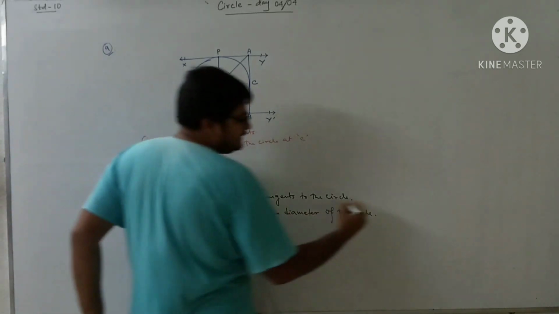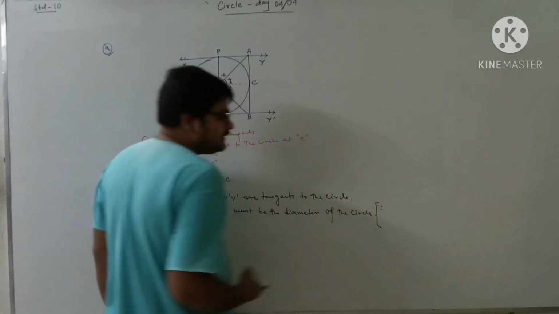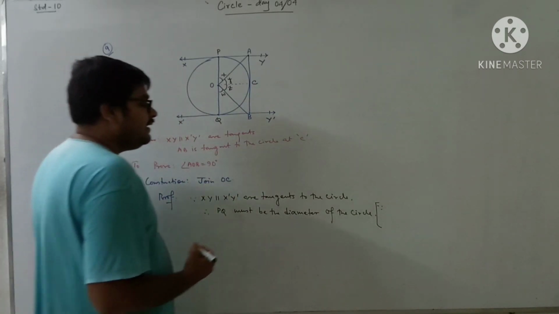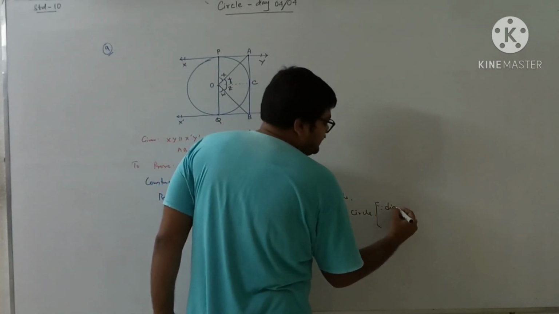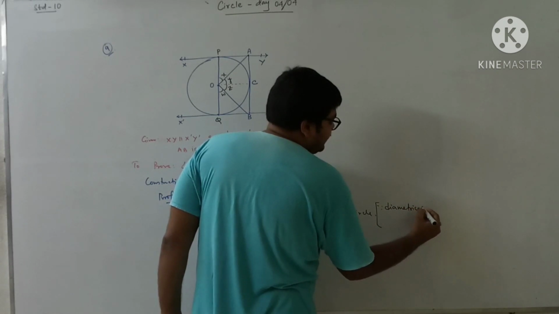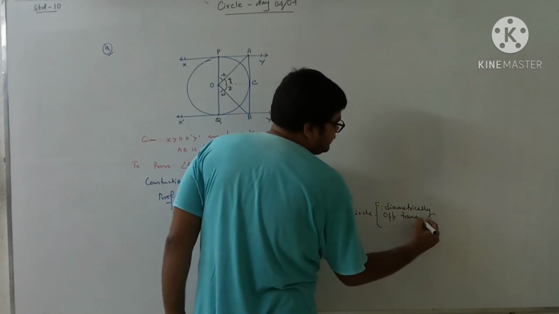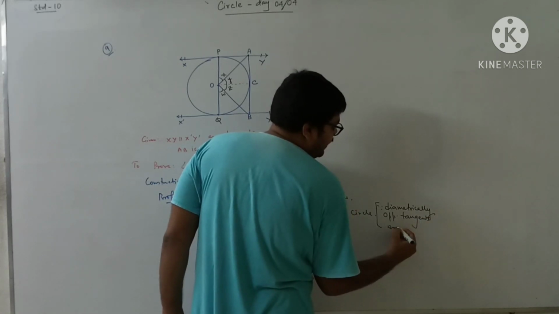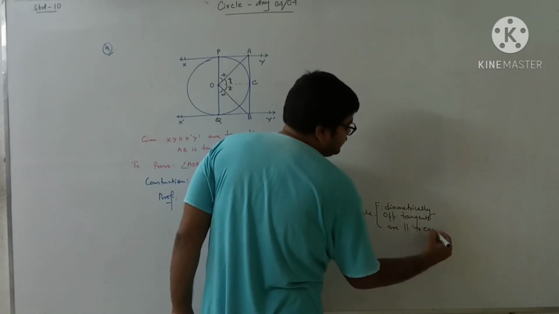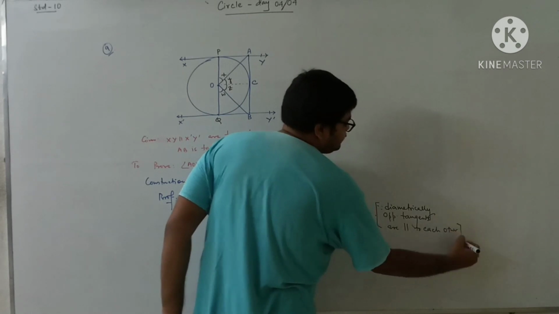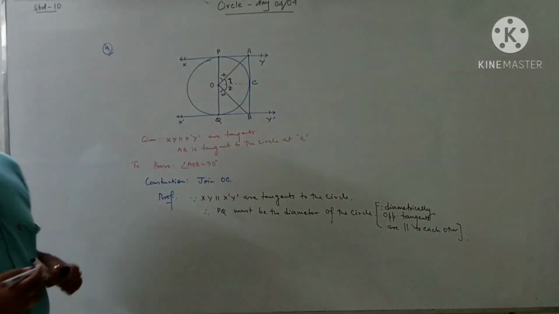What is the reason? Since diametrically opposite tangents are parallel to each other. We know this property.